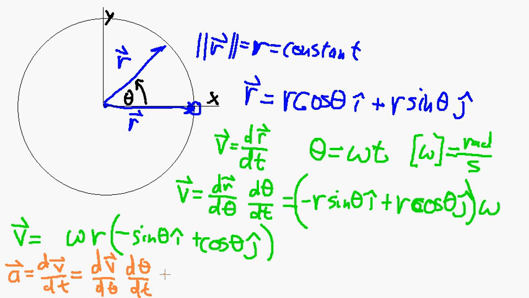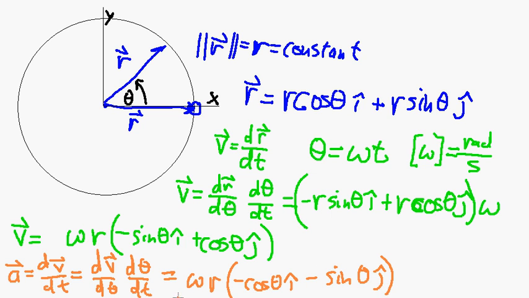So dv d theta is then omega r, and then the derivative of negative sine with respect to theta is negative cosine theta times i hat, and the derivative of cosine is negative sine, so minus sine theta j hat. And then the d theta dt is again just omega.